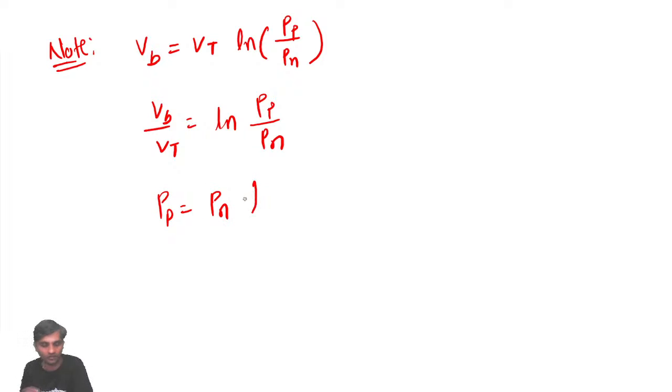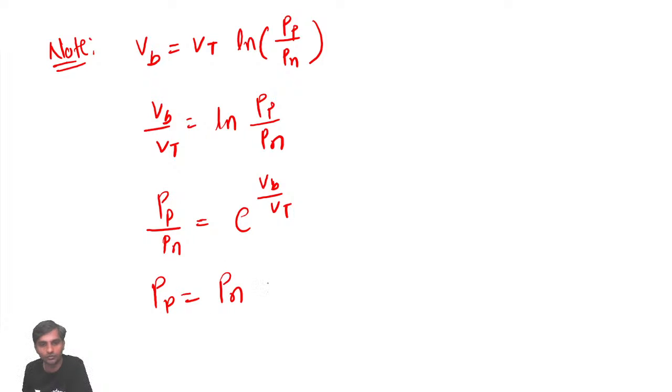So why I am writing all these things? Pp by Pn is equal to e power Vb by Vt. So Pp is equal to Pn into e power Vb by Vt. If you want to write Vt in terms of Kt by q, you can write it again.